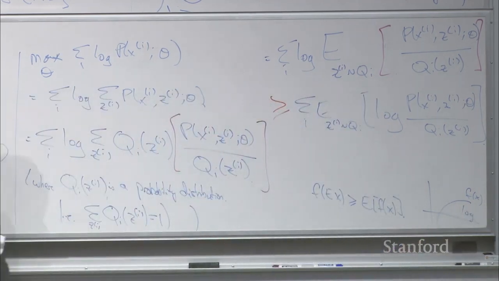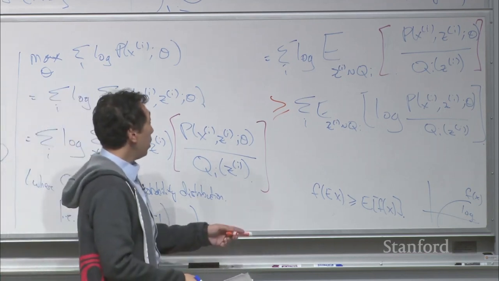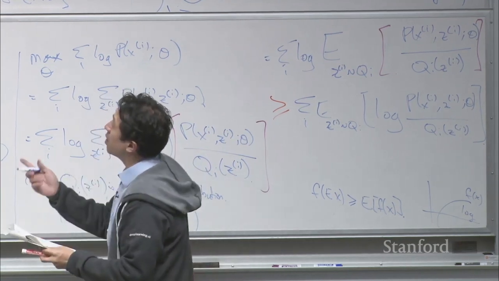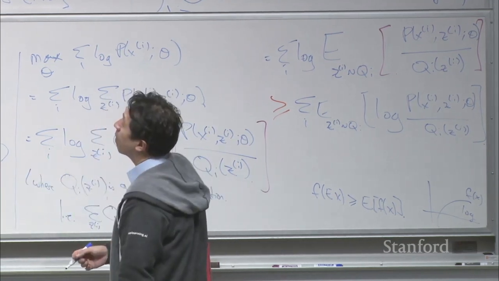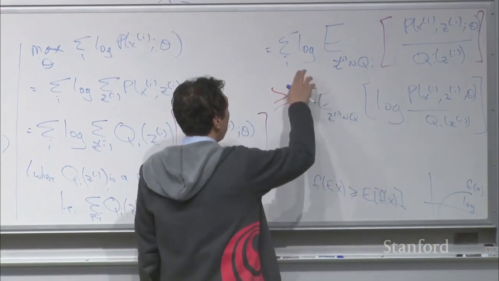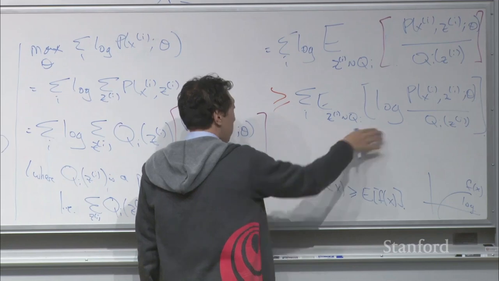The log function is a concave function. It looks like that. Using the form of Jensen's inequality with the signs reversed, you get log of expectation is greater than or equal to expectation of the log.